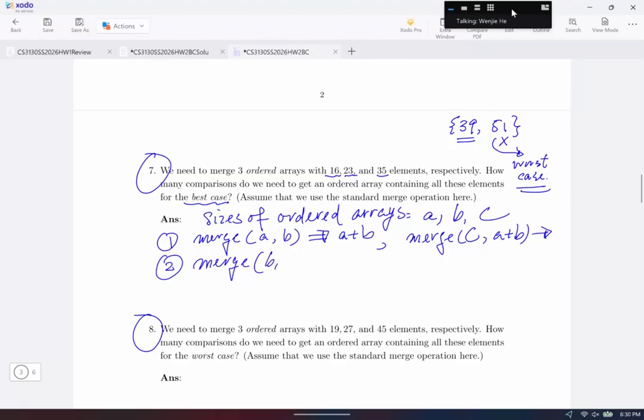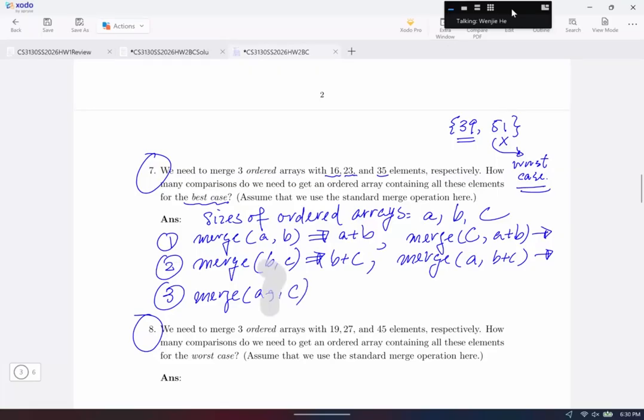Merge B and C, so you get B plus C. Then you merge A and B plus C. Then you have a third way: merge A and C, so you get A plus C, and then you merge B and A plus C. So you cover all the 3 possible cases here.